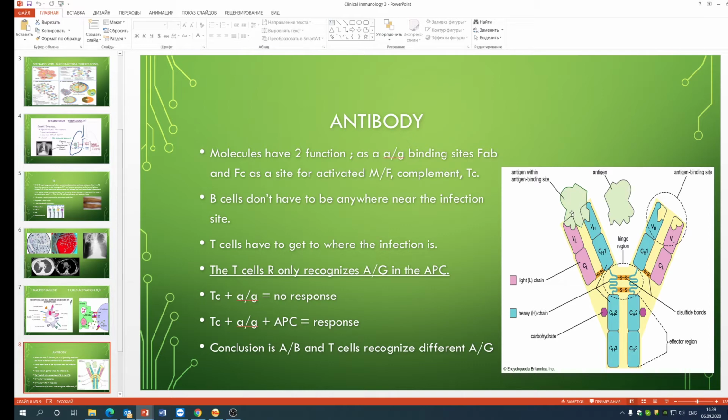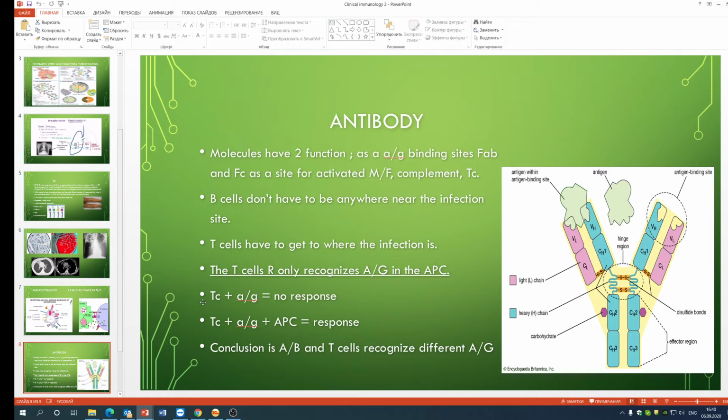T cells have to get to where the infection is. It's a very important notion and a difference between T and B cells. The T cell receptor only recognizes antigen on antigen presenting cells.